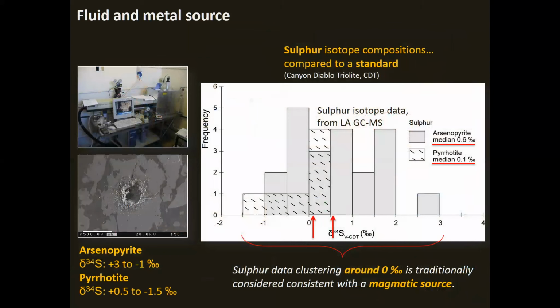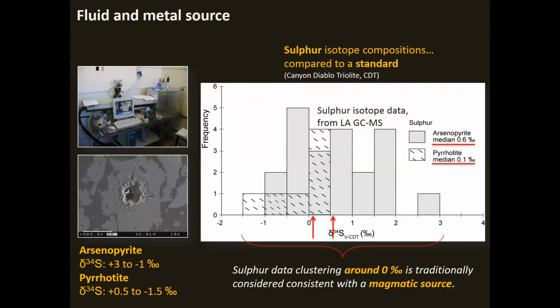So the data that we then got from this analysis, from arsenopyrite, shows a signature of 34 sulfur isotope between +3 to -1 per mil. And for pyrite, it's +0.5 down to -1.5.